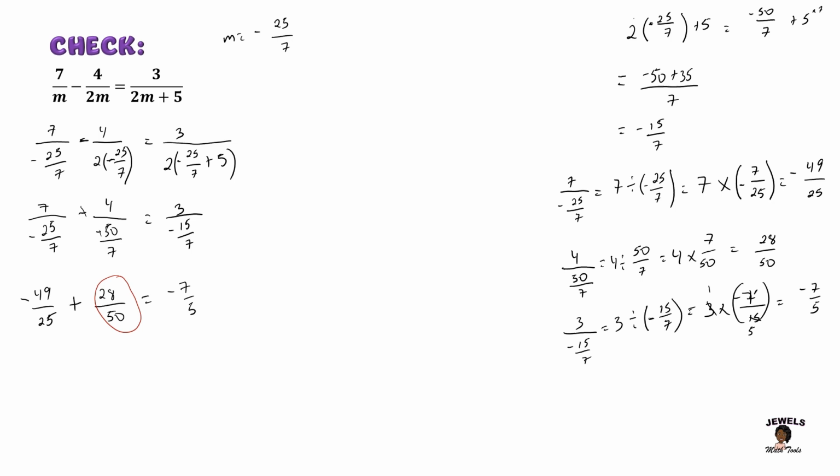I didn't realize I didn't do it earlier. That kind of eluded me. So I'm going to do that now. So 28 divided by 2 is equal to 14, and 50 divided by 2 is equal to 25.